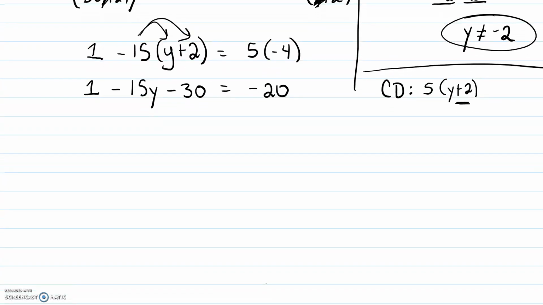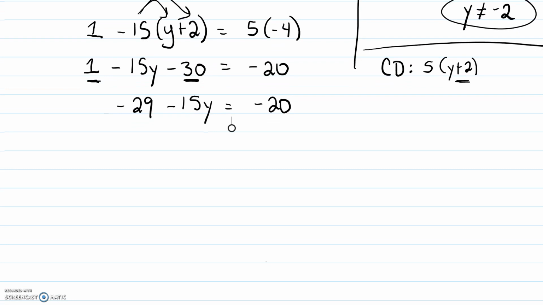Okay, let's continue solving. Collect like terms first on each side of the equal sign. So 1 minus 30 is negative 29, minus 15y equals negative 20. Then I'm going to move my constant to the right-hand side. I'm going to add 29.